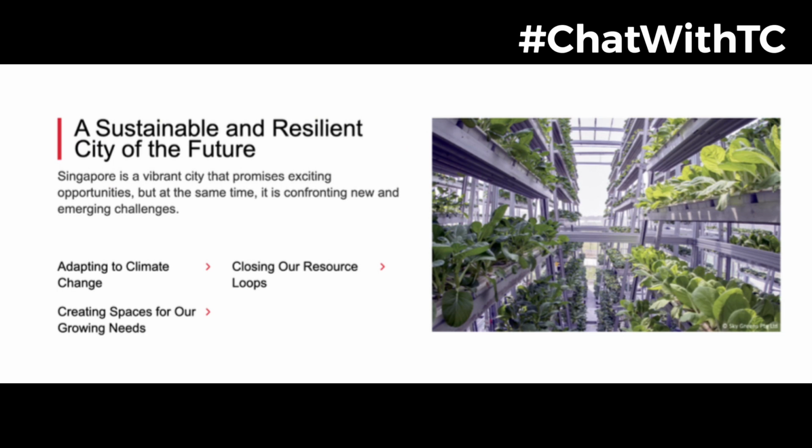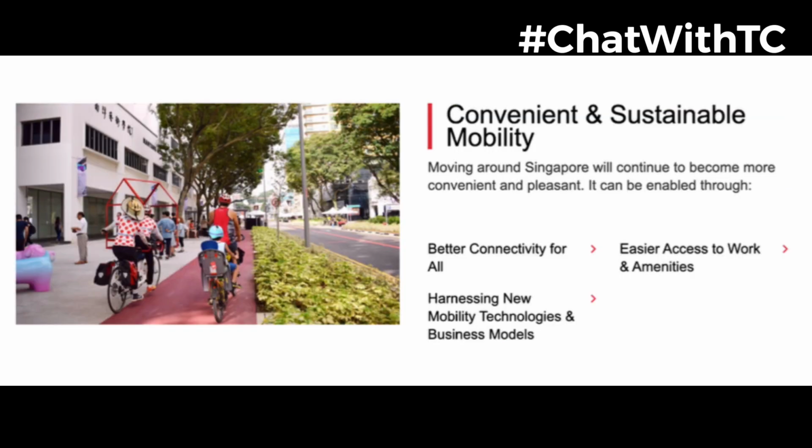Another key theme for Singapore's urban development is outlined by Singapore's commitment towards a sustainable future that can adapt to climate change. For instance, how can Singapore meet its food security challenge while still allocating land use efficiently for economic development?